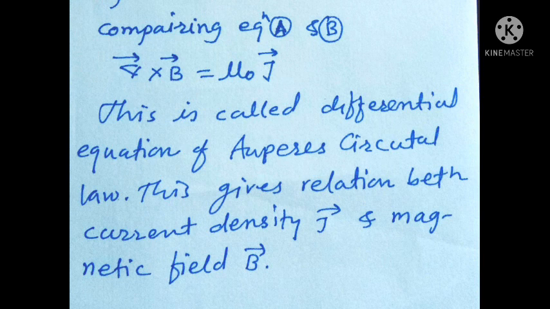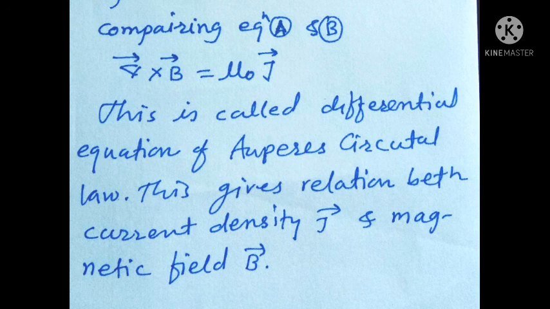This gives the relation between current density vector J and magnetic field vector B. So this curl of magnetic field vector, del cross vector B is equal to mu 0 J, and this equation is called the differential form of Ampere's circuital law.